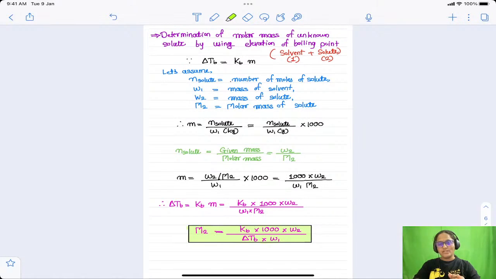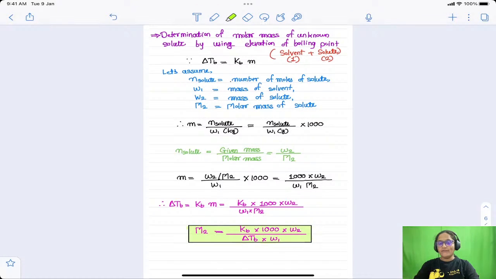What type of question will they ask? They will ask a question like, for example, an unknown solute is mixed in ethanol or in water or in any other solvent, whose boiling point is this, the boiling point of solution. They will also give the amounts of solute and solvent, W2 and W1, and they will give Kb. So we have to find M2 by using this equation.